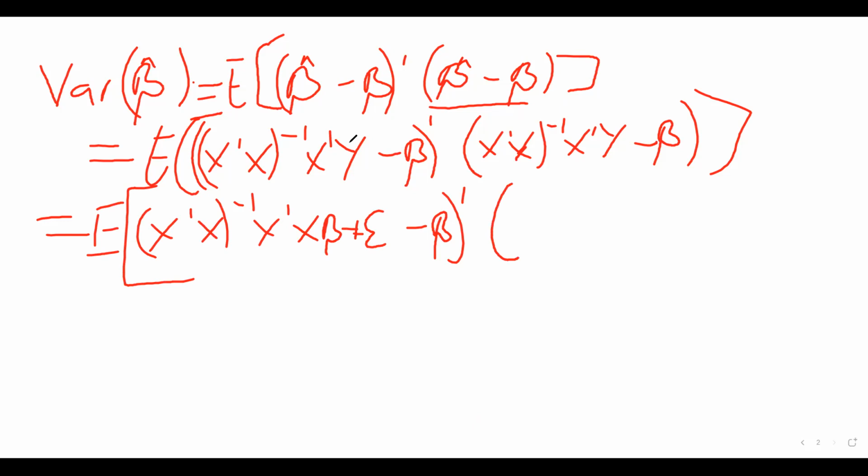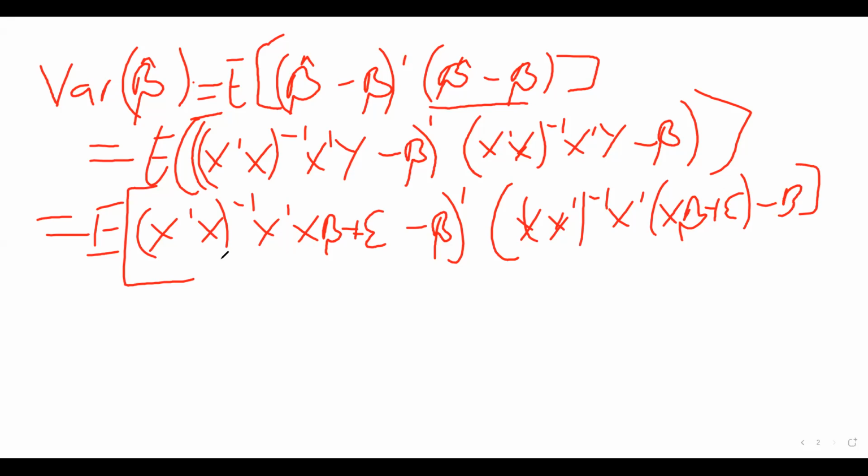And then I do the same thing here: (x prime x) negative 1, x prime, instead of y I'll put x beta plus epsilon, and then minus that. Now, ladies and gentlemen, once you have it like this and you understand where they are coming from, there's a lot of cancellations that you can do.